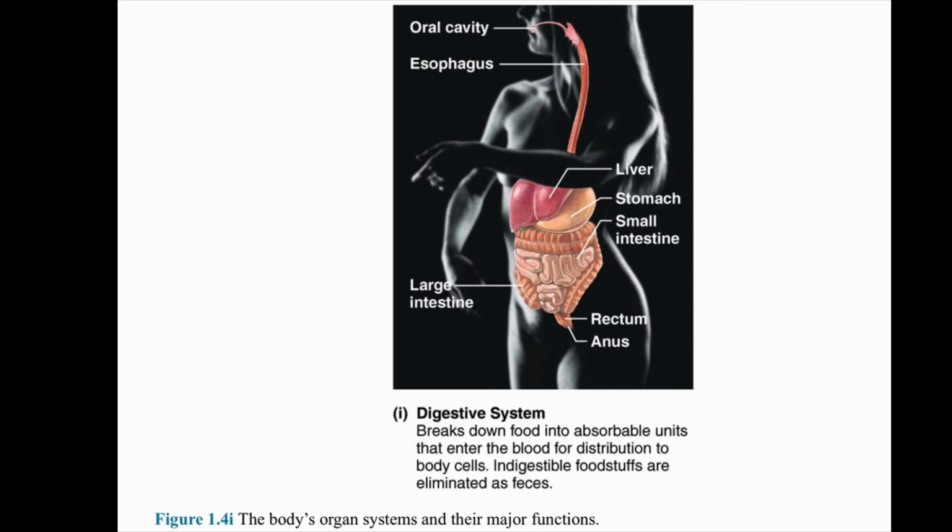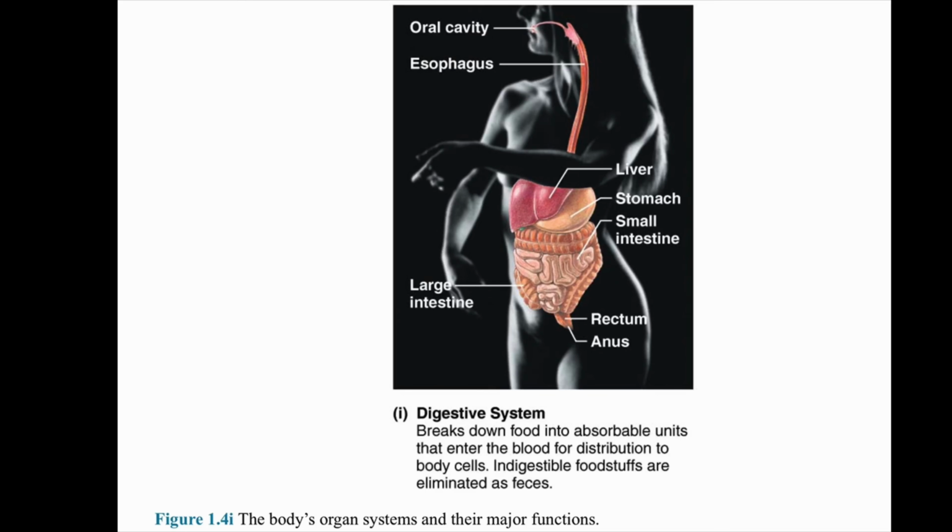Major organs of the digestive system are the teeth, the tongue, the pharynx, which is a common passage for both food and air, the esophagus, that long tube, the stomach, the small intestine, the large intestine, the liver, the gallbladder, and the pancreas.